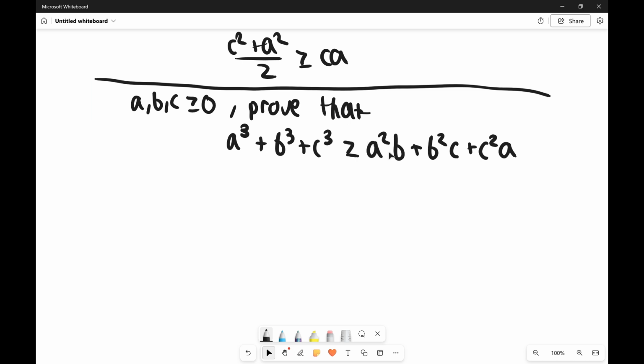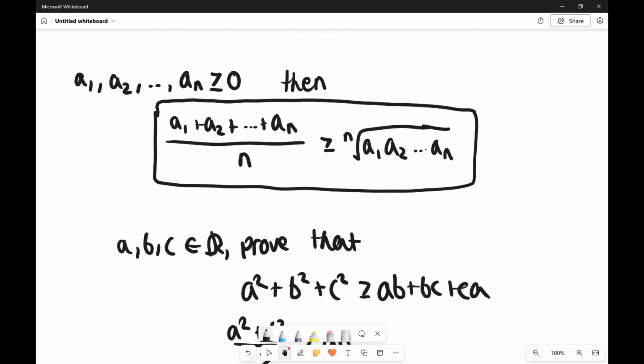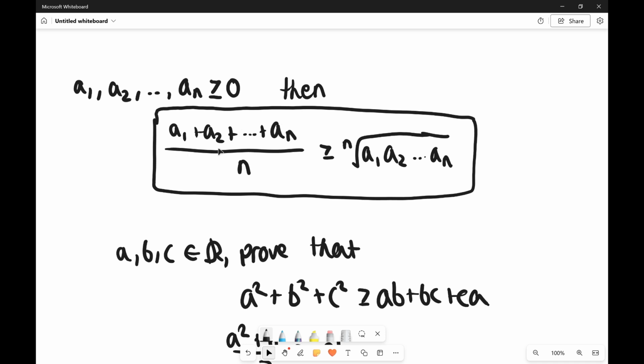So, motivated by our above analysis, we have this a squared b here, and a squared means we want to have two a terms in our AM-GM, because if we have two a terms, then we get a1 squared over here.